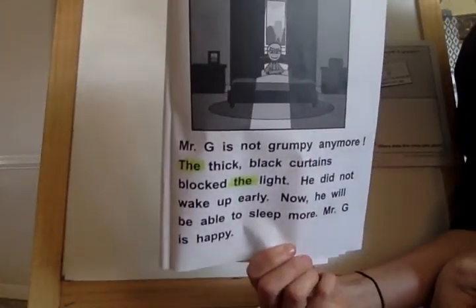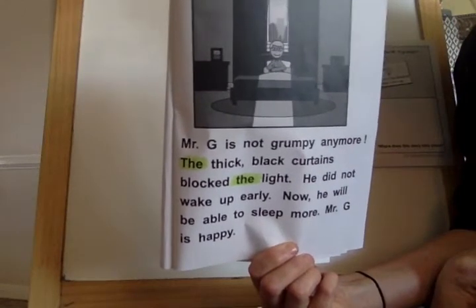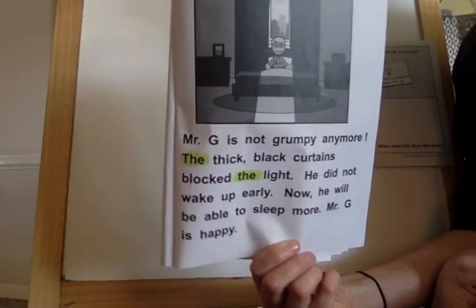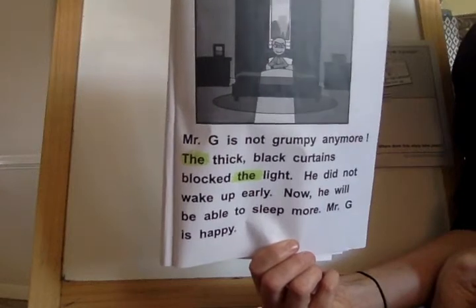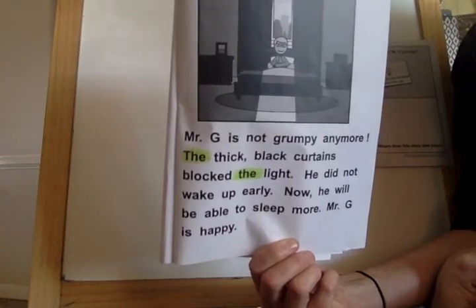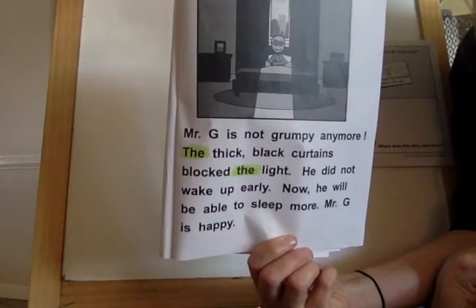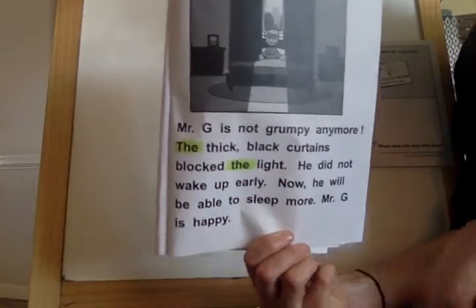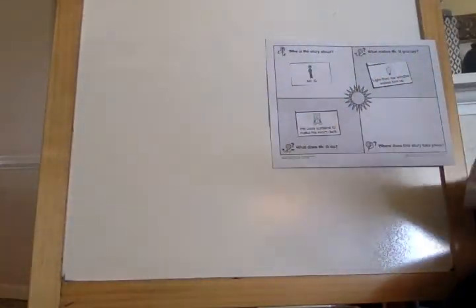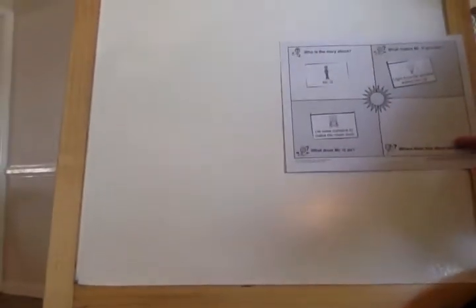Mr. G is not grumpy anymore. The thick black curtains blocked the light and he did not wake up early. Now he will be able to sleep more. Mr. G is happy. The end.